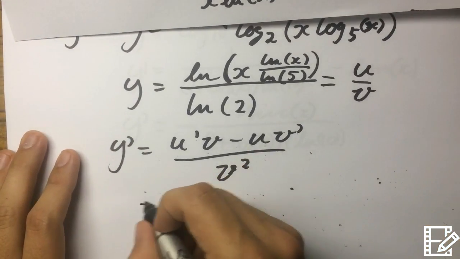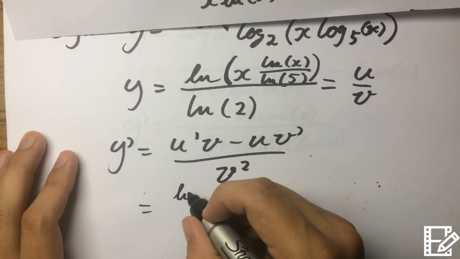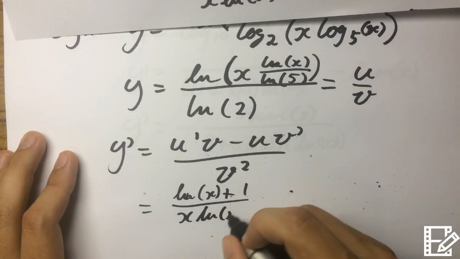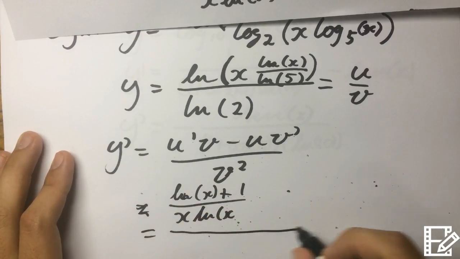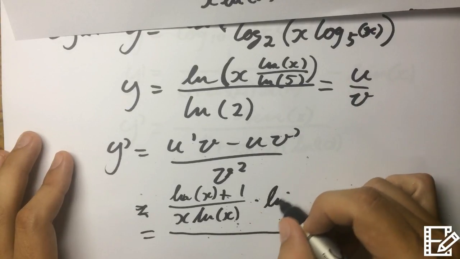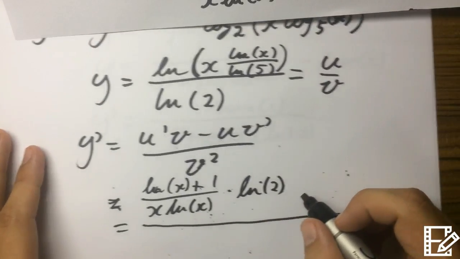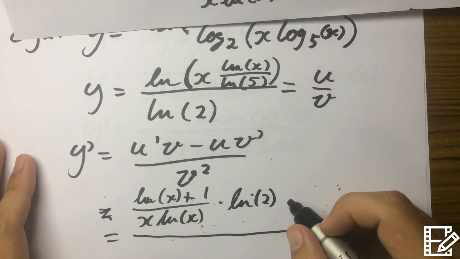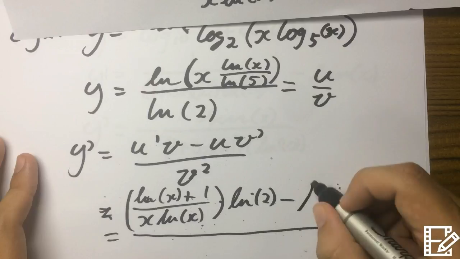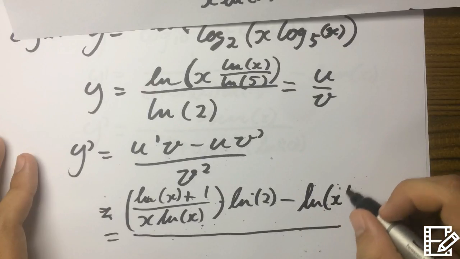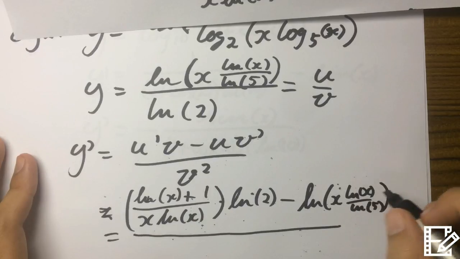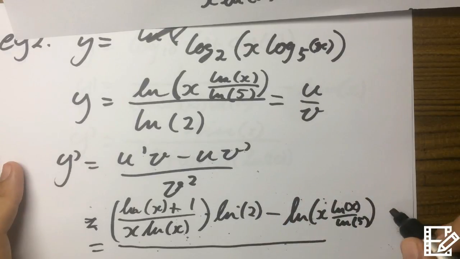Okay, now we have our u dash, which is ln of x plus 1 over x ln of x, multiplied by v, which is just ln of 2, minus u, which is, well, the whole bit at the top, ln of x ln of x over ln of 5, multiplied by v dash, which will be 0.